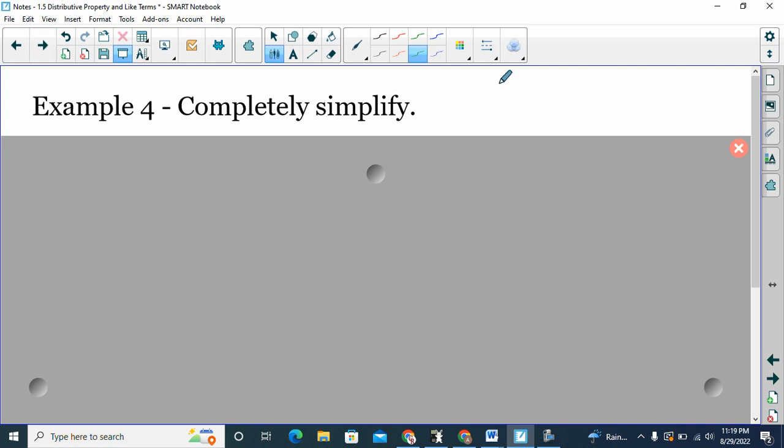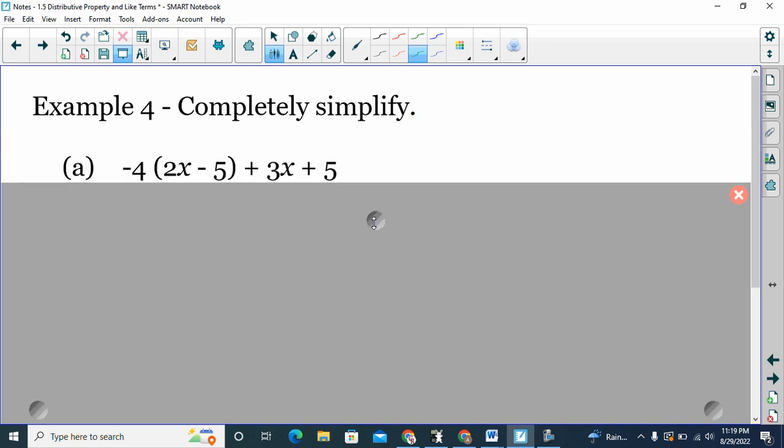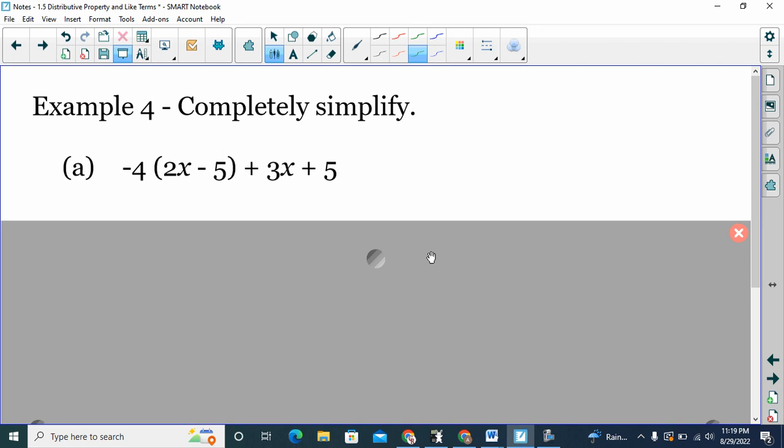Example 4, the last example, then you guys will practice a couple more on your own. Example 4 asks us to completely simplify. And part A looks like that. Negative 4 times the quantity 2x minus 5 plus 3x plus 5.